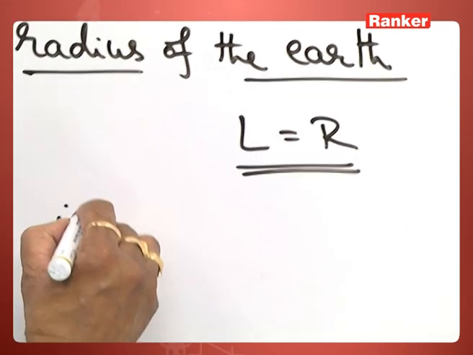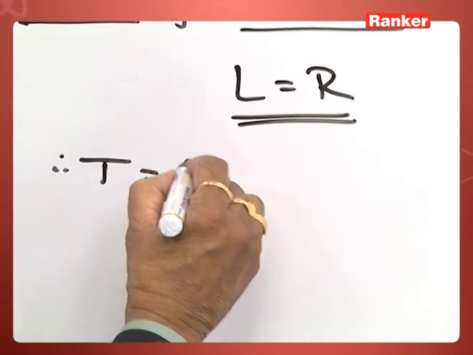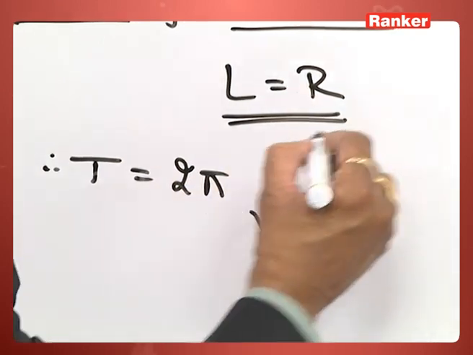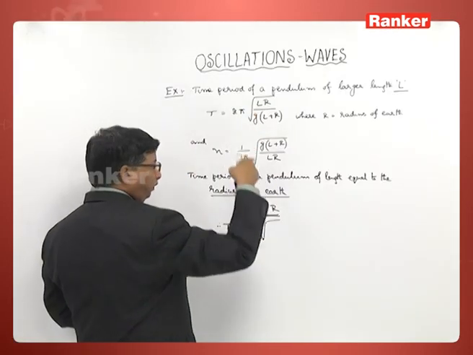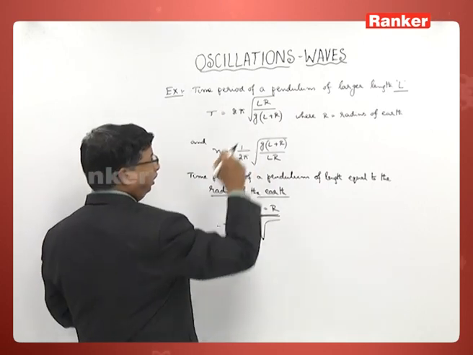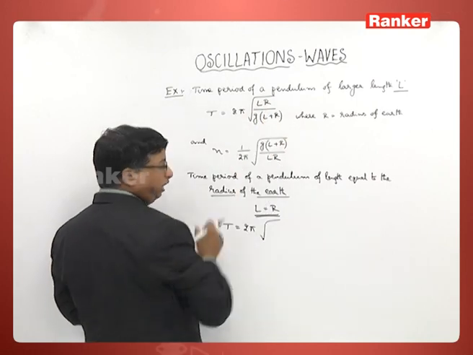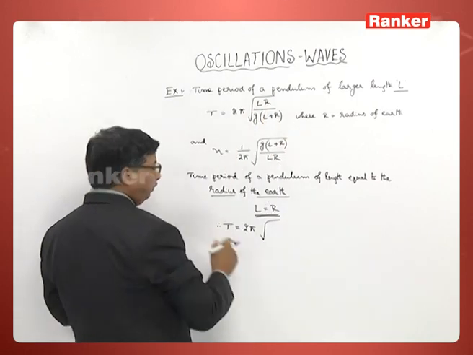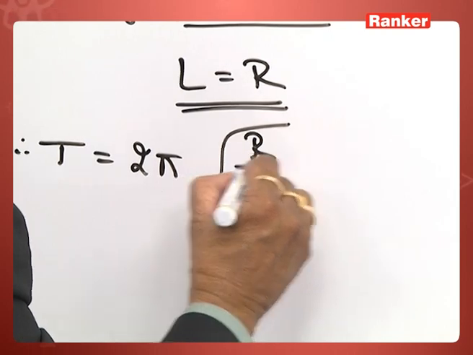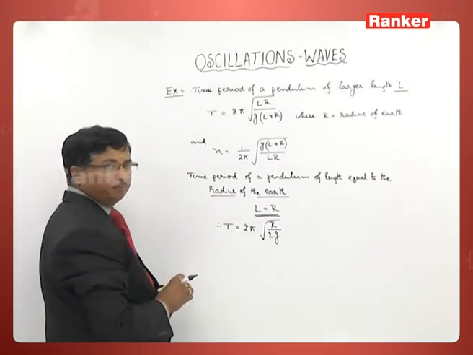Therefore, what would be the formula for its time period? It is 2 pi under root, with L equal to R, this becomes R square by 2R, R gets cancelled, R by 2G you will be getting.